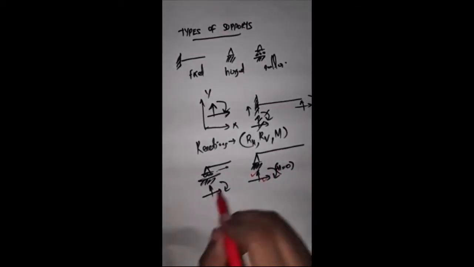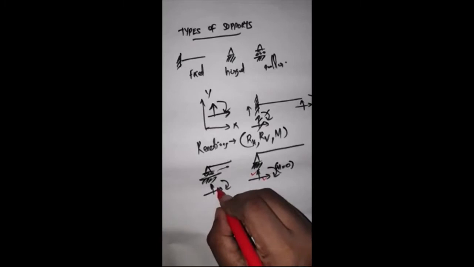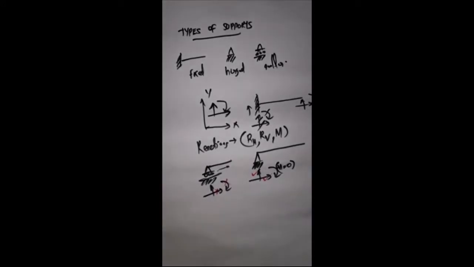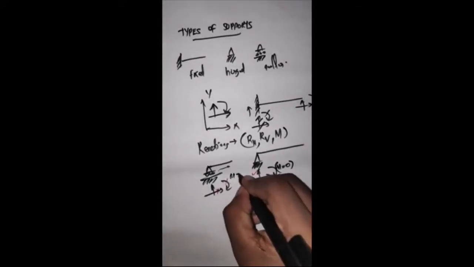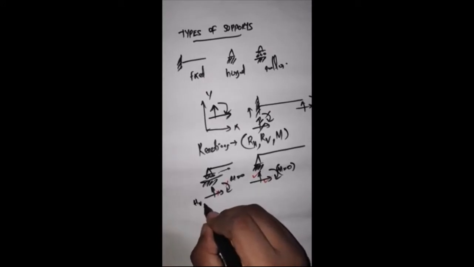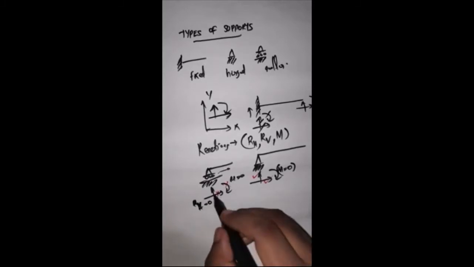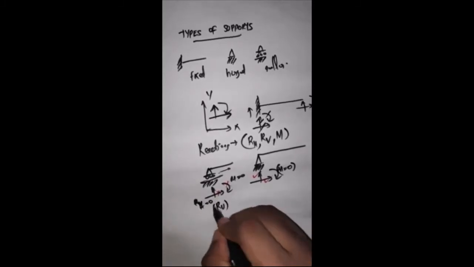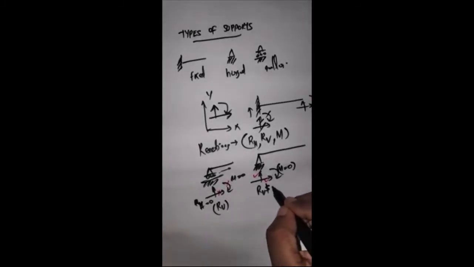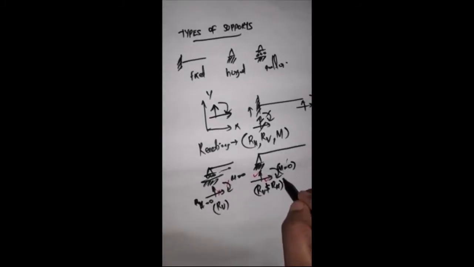The horizontal reaction will not be there, and the moment will be 0. There will be only RV, that is the vertical reaction, and RH and moment are 0.